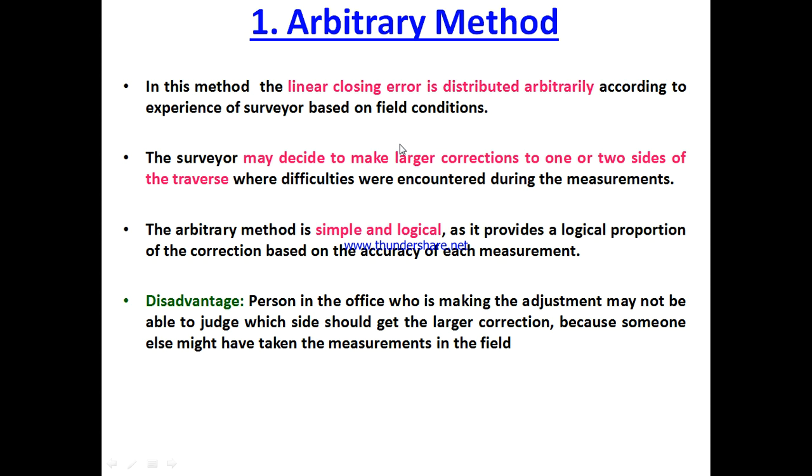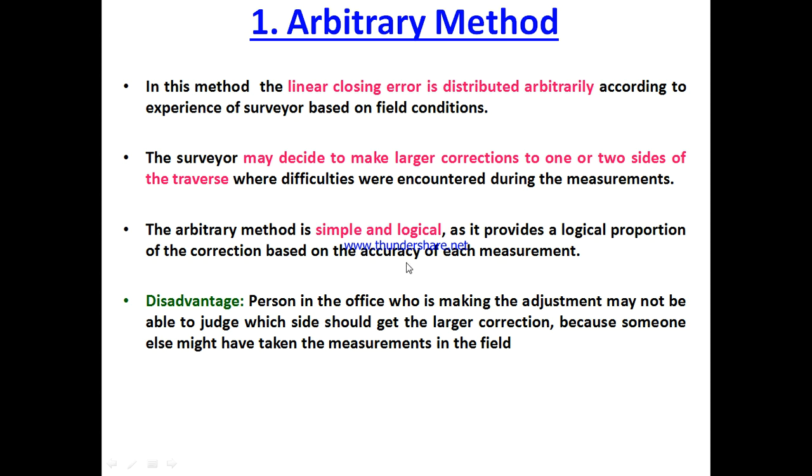Now according to the experience of the surveyor, he may decide to make either larger correction or smaller correction to any side of the traverse. Sometimes it also happens that instead of making correction to all different traverse lines, the surveyor decides to make correction only to one single line, depending upon the specific condition on which he had determined or calculated values from the theodolite.